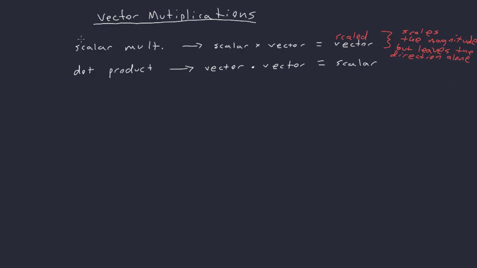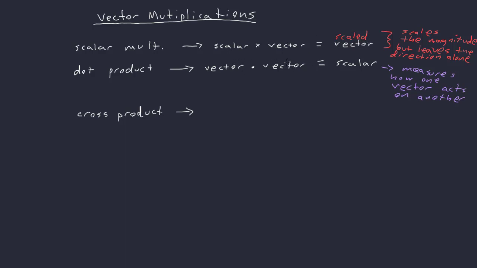Then in the last video, we talked about the dot product, which does take a vector and a vector, but it spits out a scalar. And what this does is it measures how much push one vector gives to another. And the last one we're going to talk about is the cross product. Now this one is a lot closer to normal multiplication than what we've seen before. So here we have two different things, a scalar and a vector, giving us a vector.